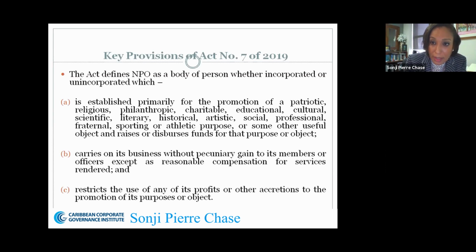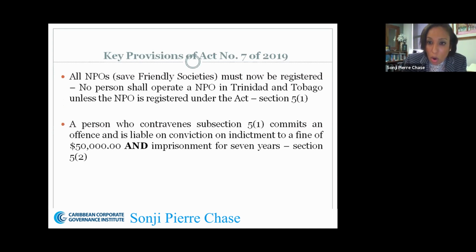So what they did under the NPO Act was just to pull that definition and put it into the Non-Profit Organization Act. And of course, carries out its business without pecuniary gain. We discussed that. And restricts the use of its profits or other accretions to the promotion of its purpose or its objects. Yes? All non-profit organizations, which I just explained to you, save friendly societies, must be registered as an NPO. That is under Section 5(1) of the Act.